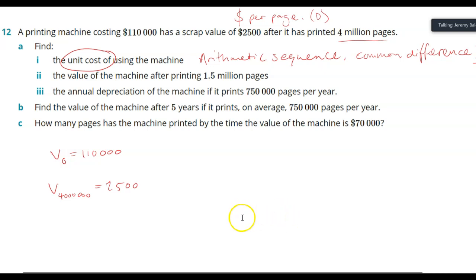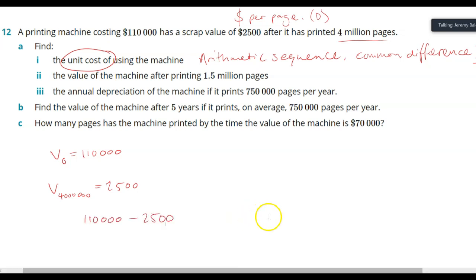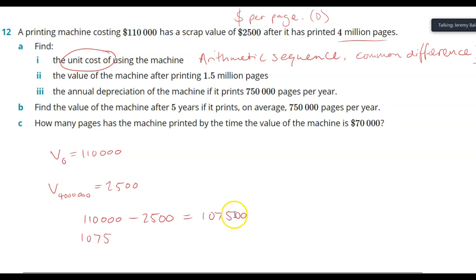So to do that, you need to realize that the difference, which comes out as 107,500, divided by the 4 million, will give you the price per page.